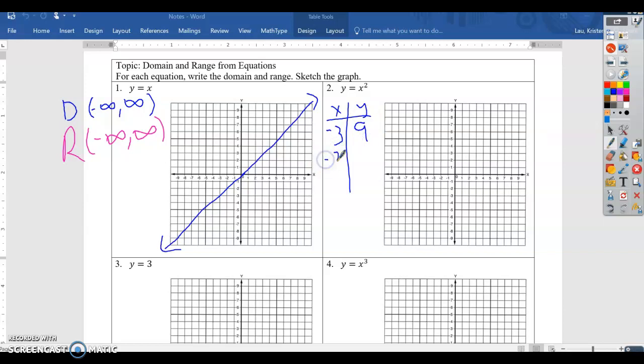And then negative 2 is 4, because negative 2 times negative 2 is 4. Negative 1 is positive 1. 0 is 0, 1 is 1, and etc. So now we should basically know the general shape of my graph, and we should be able to graph a pretty accurate picture if I had a mouse. So there.